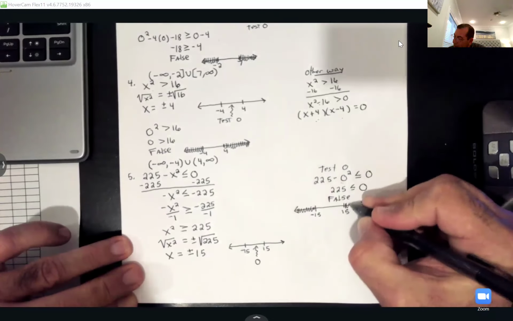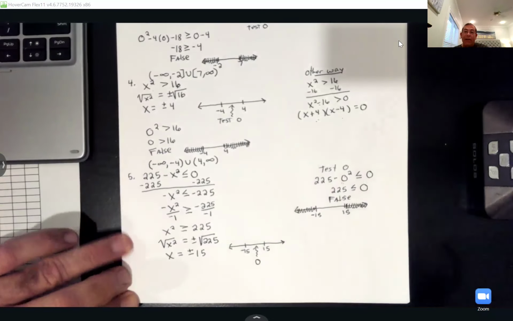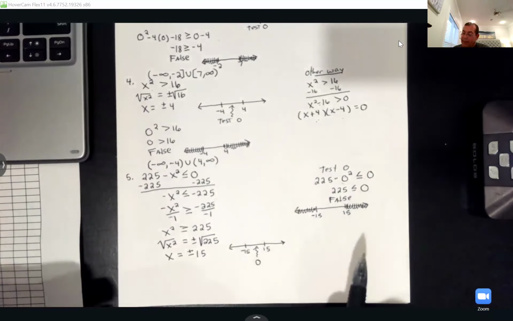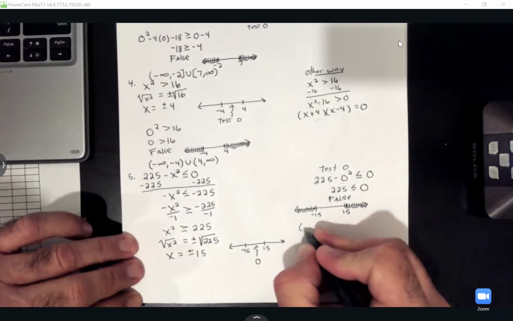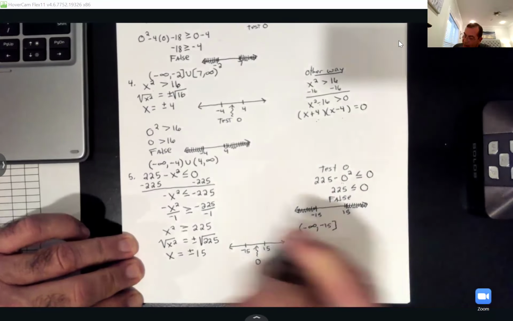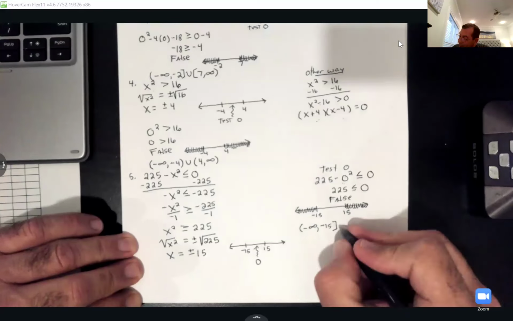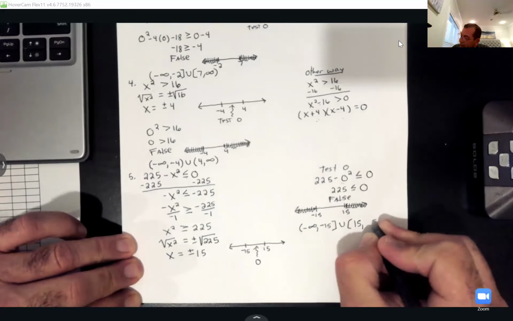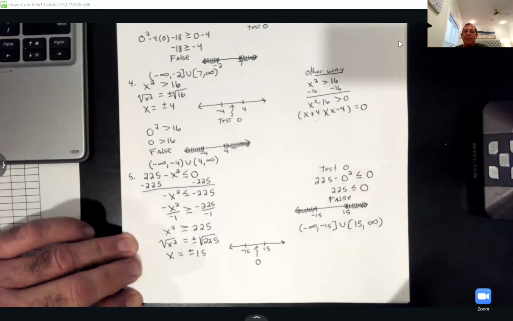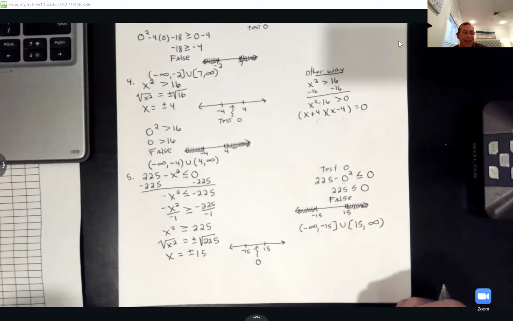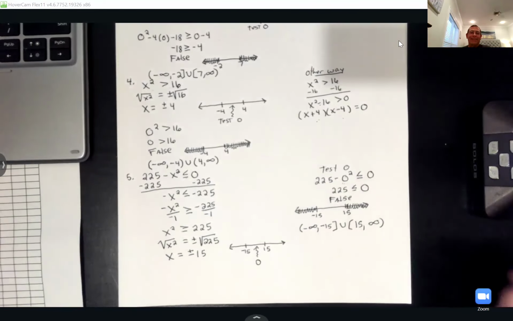And y'all, I guess the last thing I need to know from y'all, brackets or parentheses? Brackets. All right, y'all, so negative 15. Brackets because of that equals, good job. And then union that from 15 to positive infinity. So y'all, these ain't that bad. Y'all are getting the hang of these.